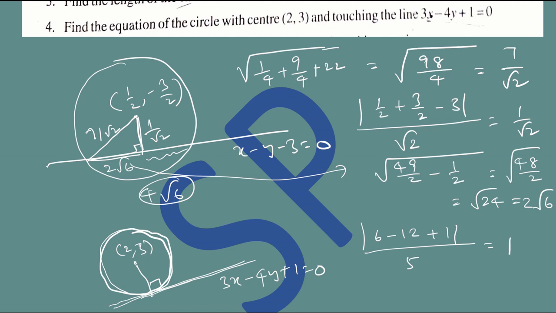So that is the radius. Distance from center to the line is nothing but radius. So I got the radius and we have the center. Now the equation to the circle is nothing but (x minus 2) whole square plus (y minus 3) whole square is equal to 1. Okay, let's move on to the next problem.